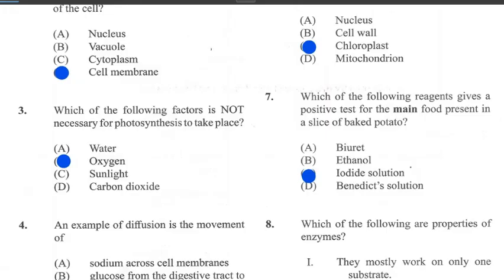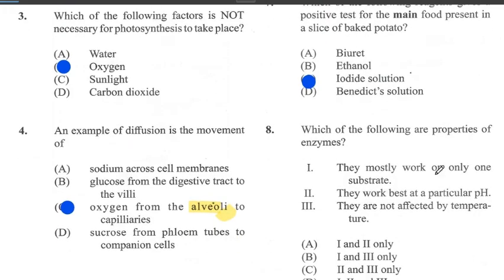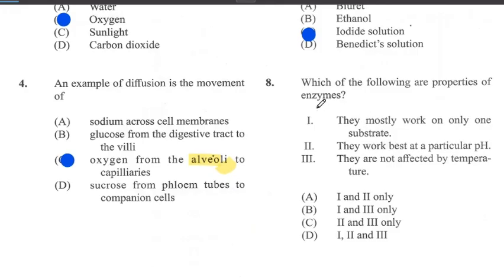The iodine solution is usually used to test for food present in a slice of potato. Usually, it's a way of testing food in general. That is the iodine solution. The Benedict's solution is a whole other ball game on its own.